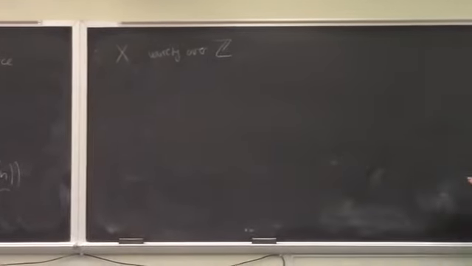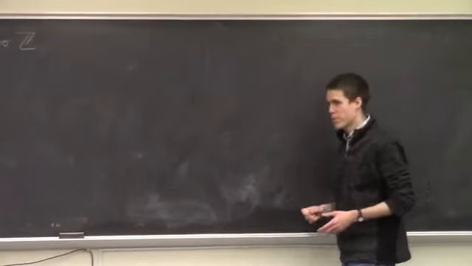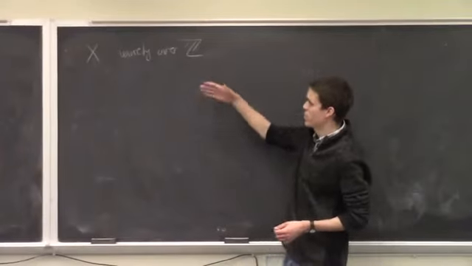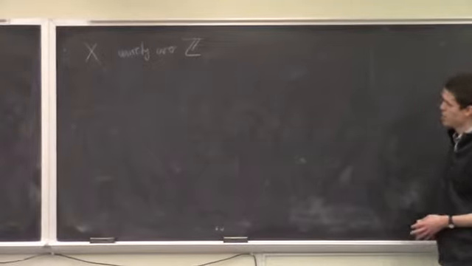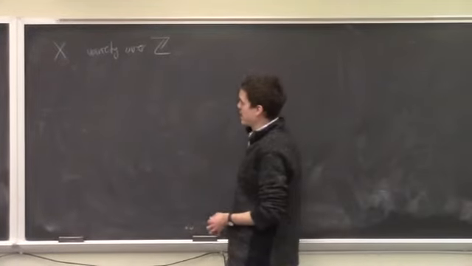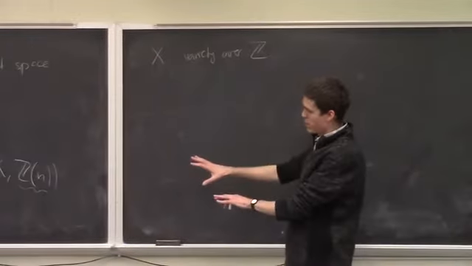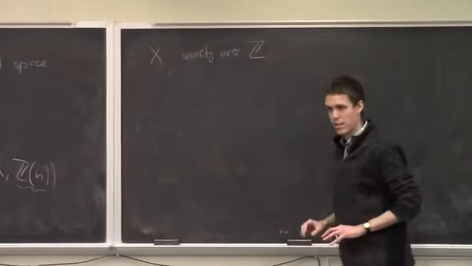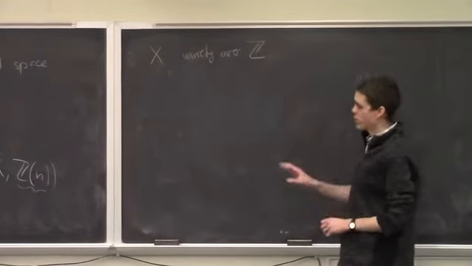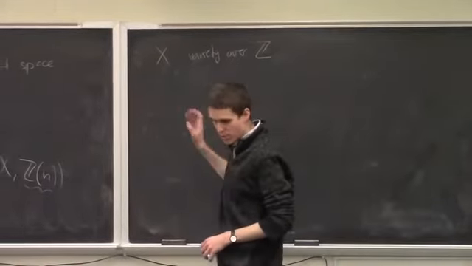That means I give myself a finite number of polynomial equations with integer coefficients. Everything I talked about makes sense in that context, so you have motivic homology defined for this.